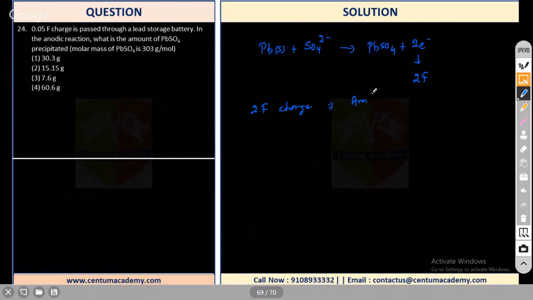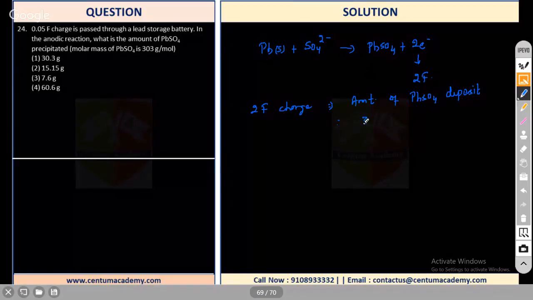the amount of PbSO4 deposit is equal to its molecular weight. This is the direct concept we have. Number of electrons released, that much Faraday when it passes through, then the molecular weight of the substance will get deposited. 303 gram will get deposited. But this is for 2 Faraday, but we are not using 2 Faraday here, we are using 0.05.